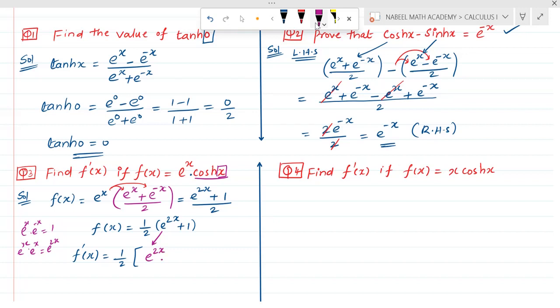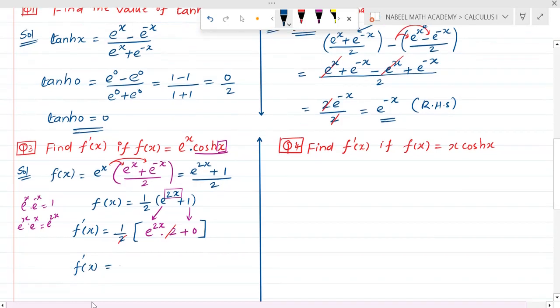This is a chain rule. e stays, and now differentiate the power, it becomes 2. And what about the 1? This is equal to 0. So what is the final answer? Here I can cancel the 2 with the 2. So the simplified answer is f prime of x equals e to the power 2x. This is the final answer.